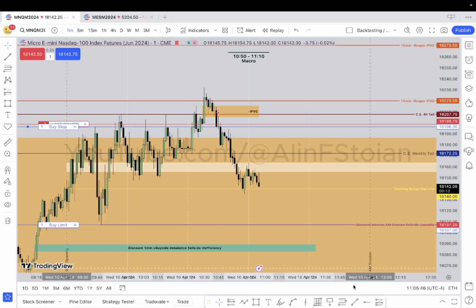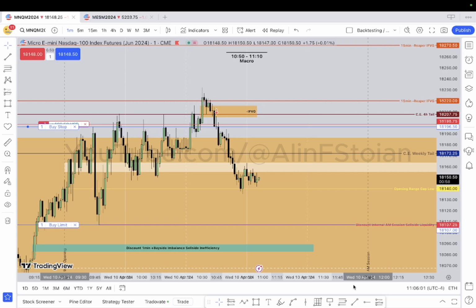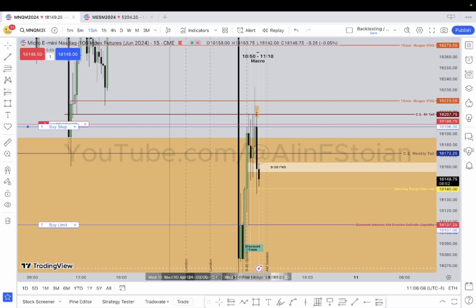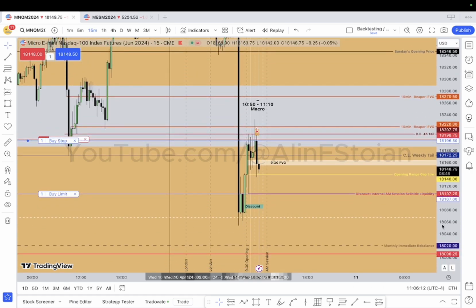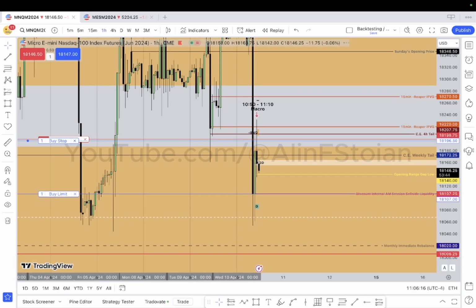I'm looking at the bearish order block that we currently traded in. Let me see a 15M chart. Is the market more likely to drop now? 1 hour chart.